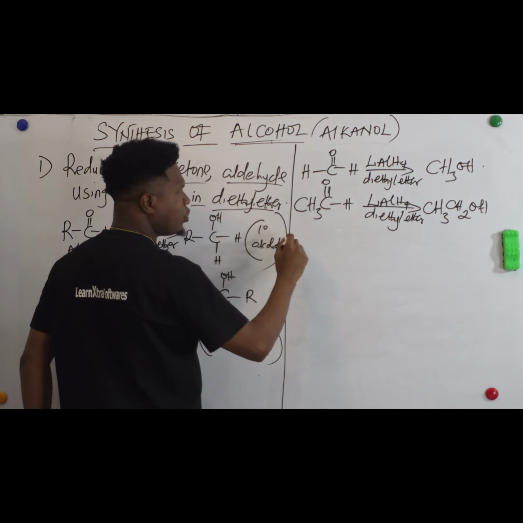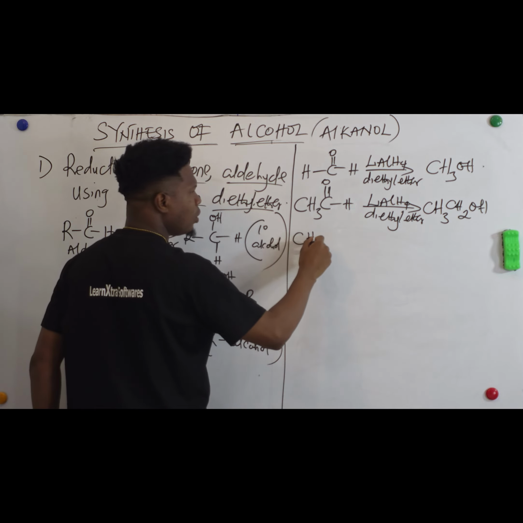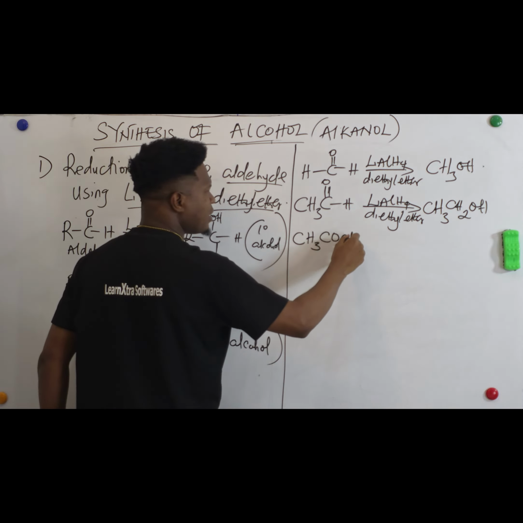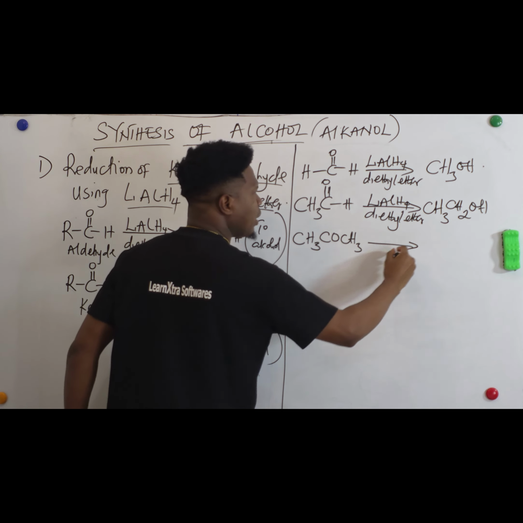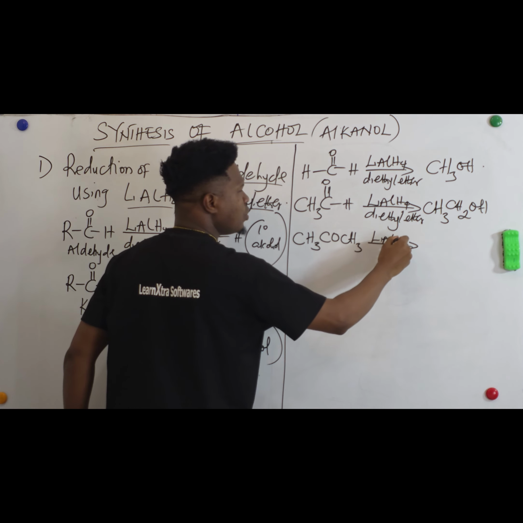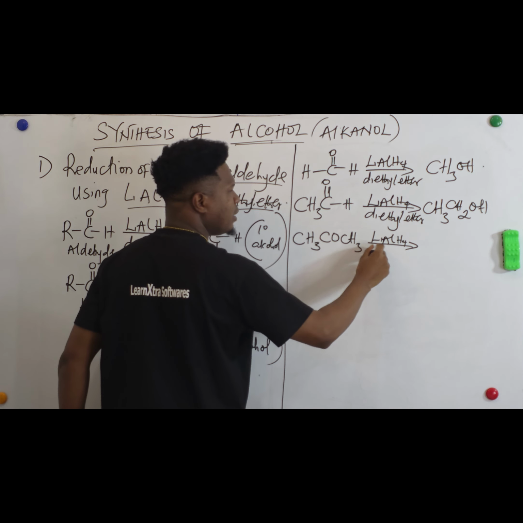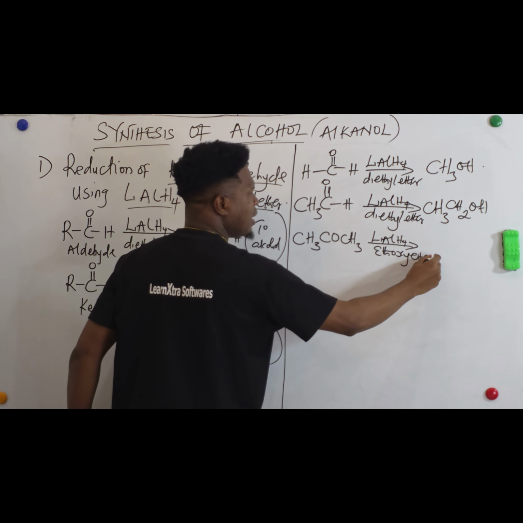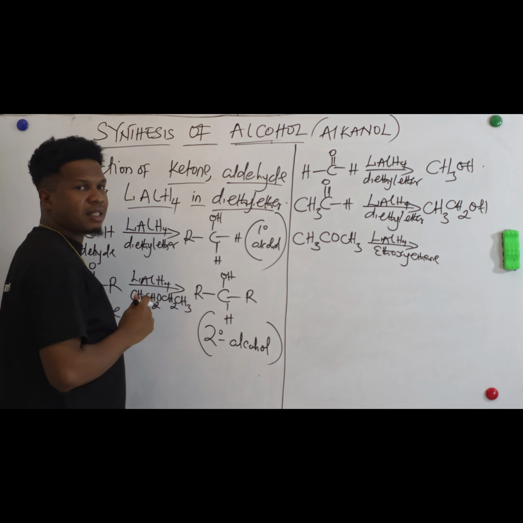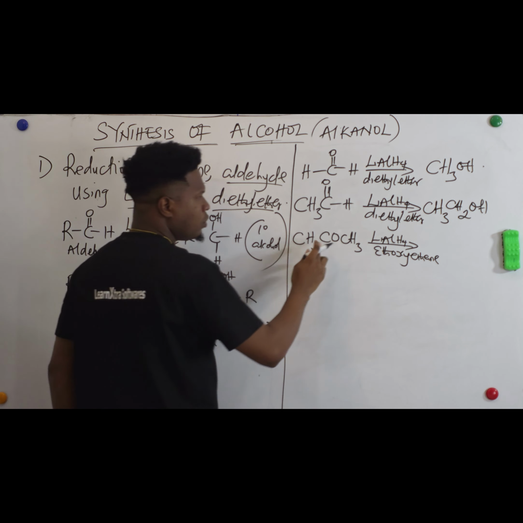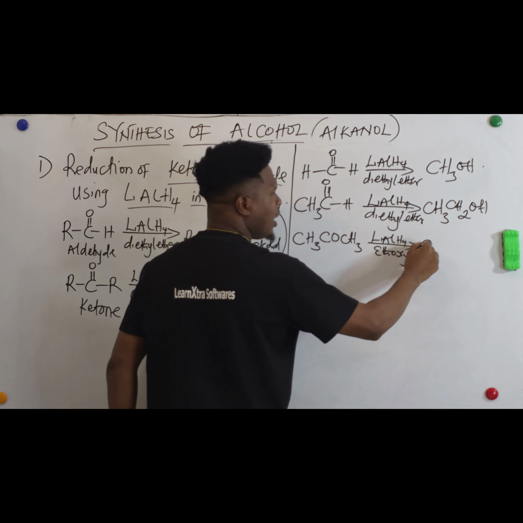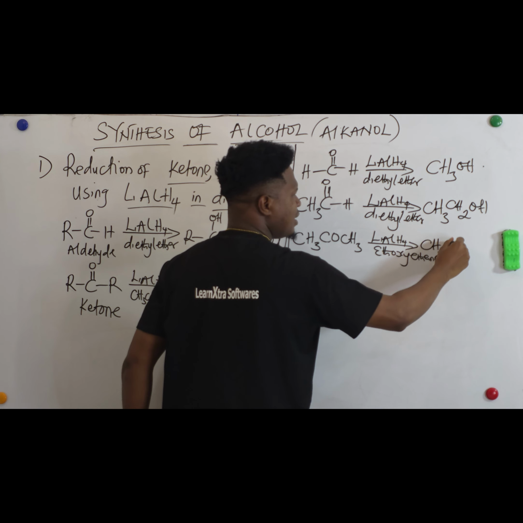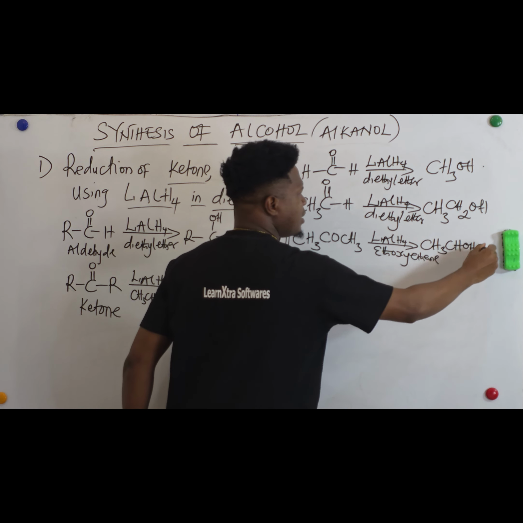If you have a ketone, let's say acetone, and we are undergoing reaction with lithium aluminum hydride in ethoxyethane, remember that ethoxyethane is the same thing as diethyl ether. So you add hydrogen to both sides. You have CH3CHOHCH3.